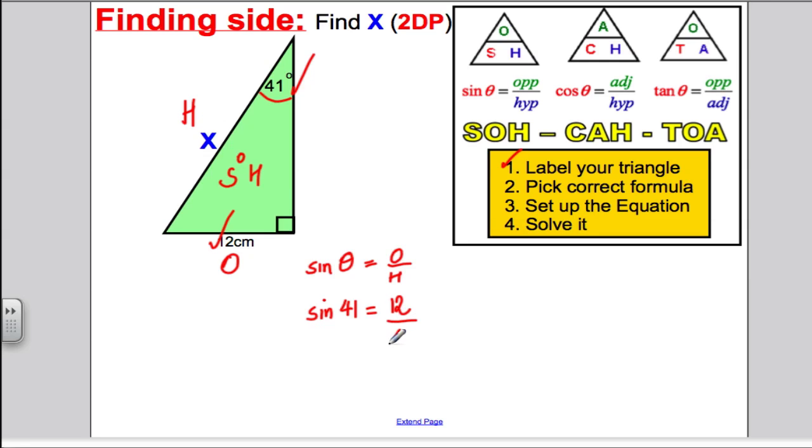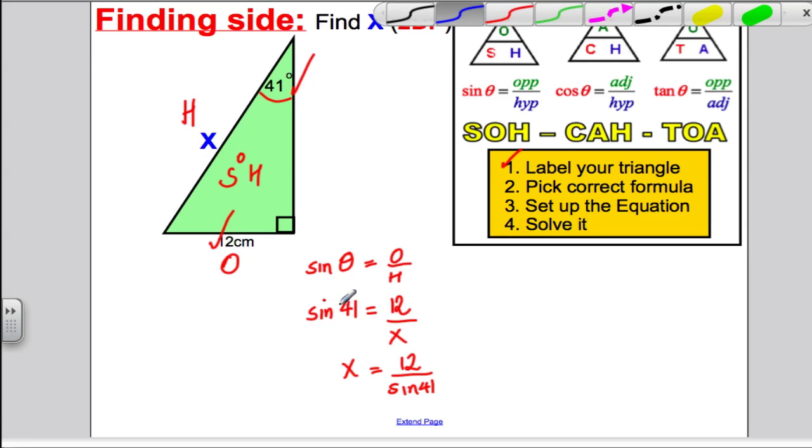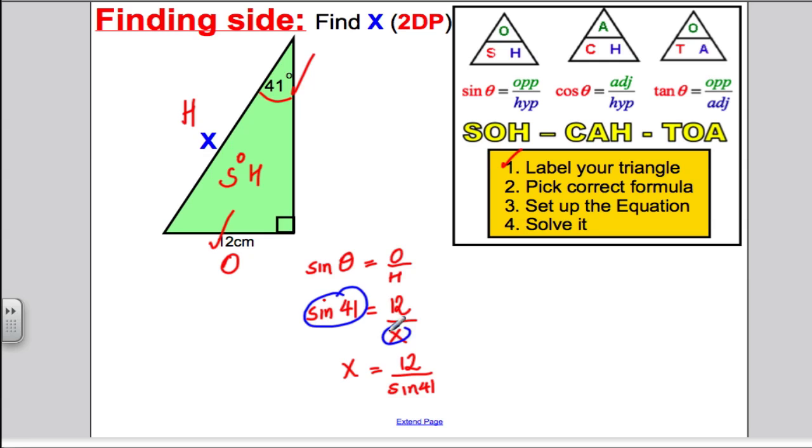That's the thing we're trying to find. Now rearranging that equation, I'm not going to go into the detail of this here, but rearranging that equation to find x, really what eventually happens is that this and this swap places.